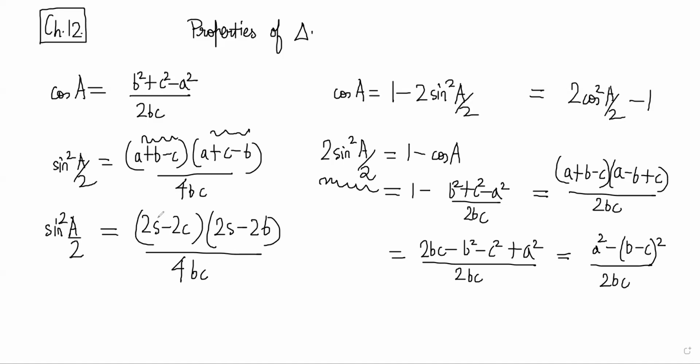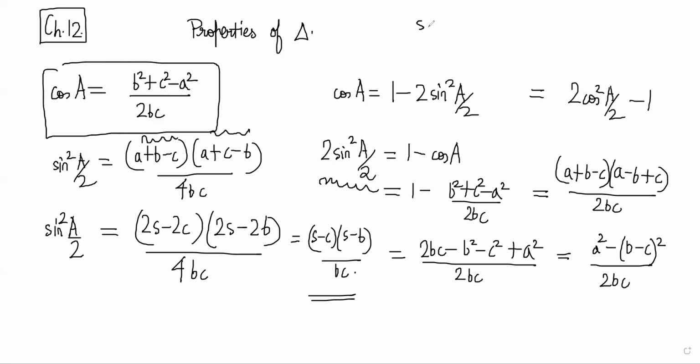Yes, sir. Because 2s is a plus b plus c. So 2s minus 2c is this, 2s minus 2b is this. So 2 gets cancelled and you get (s minus c)(s minus b) by bc, right? Yes, sir. So from the cosine rule, we are getting sine A by 2 is equal to root over (s minus b)(s minus c) by bc.